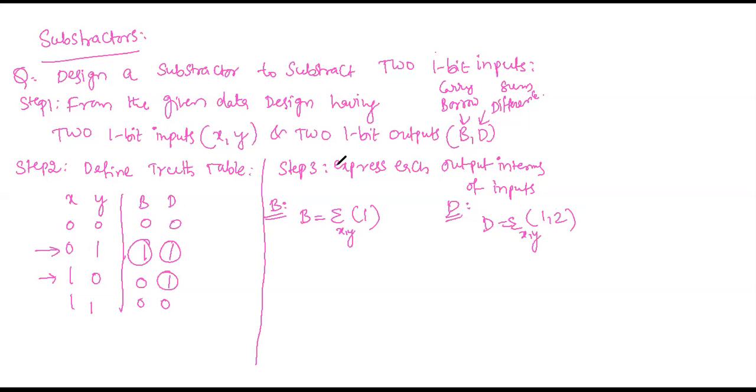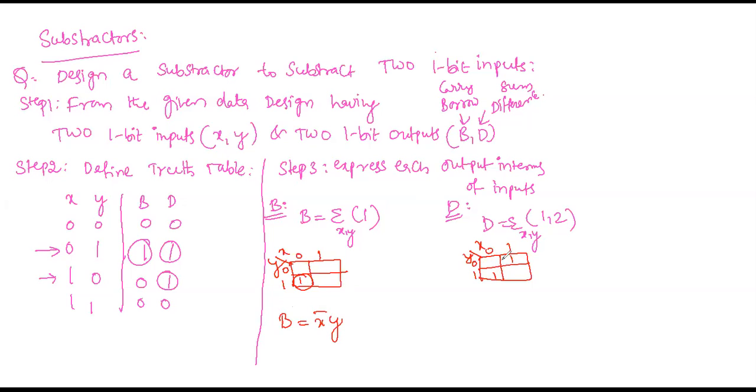Solving using K-map. The above expression is already in standard SOP form. Here also the same thing. Here there is a single 1, so form the group and write out the expression. B is equal to x bar y.